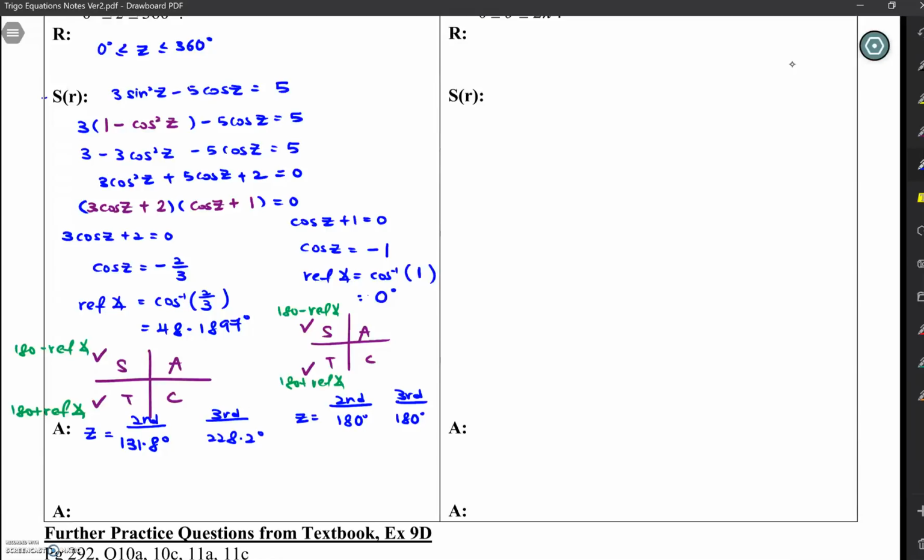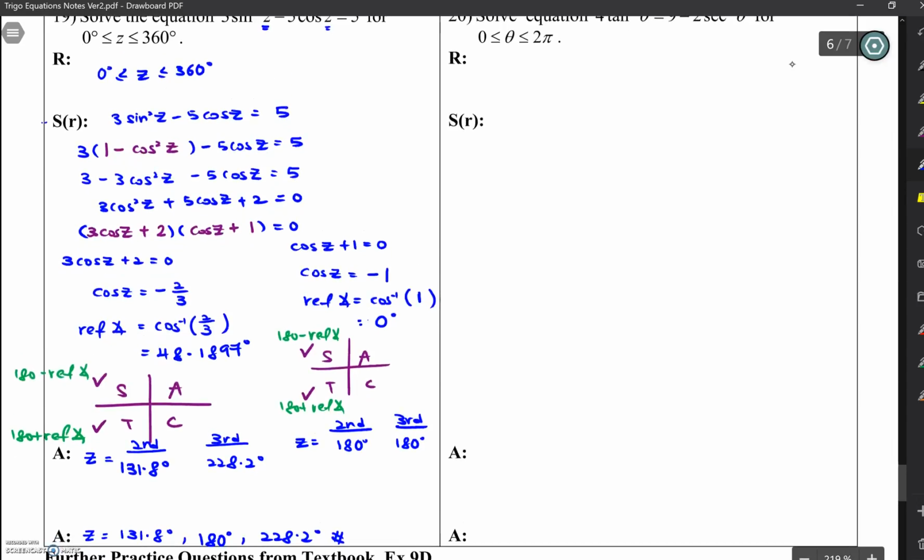Okay, so final answer. We know that the answer is only within 0 to 360, so I don't need to go one more cycle. Final answer, since there are so many parts to it, I have to arrange my answers in ascending order. So it will be 131.8 degrees, 180 degrees, followed by 228.2 degrees, and that's your final answer.